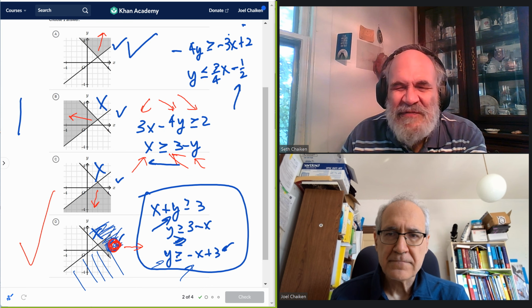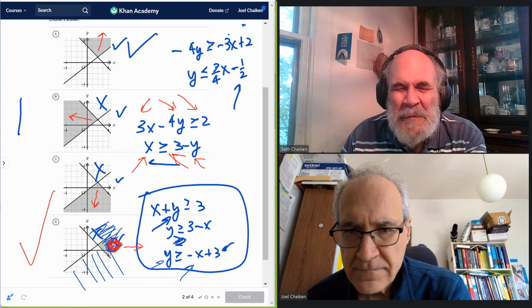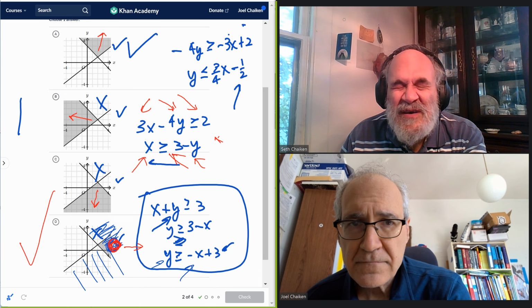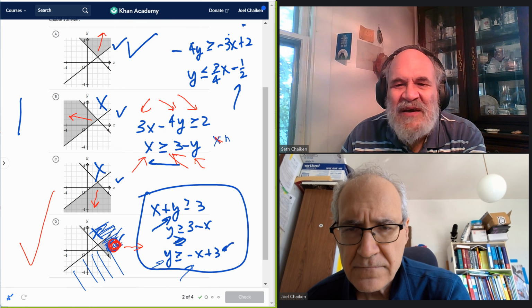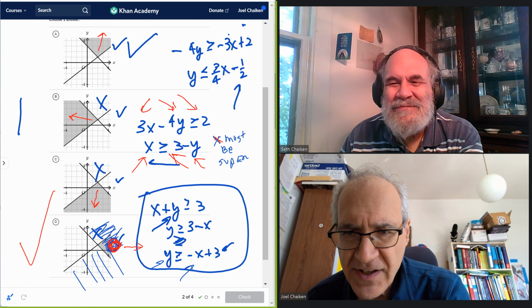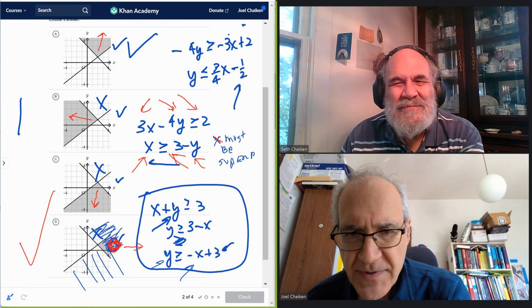So I would think of discriminating based on analyzing the givens to pick which of these 4 geometric situations is true. So you're saying that just by looking at this one here, X must be super big.